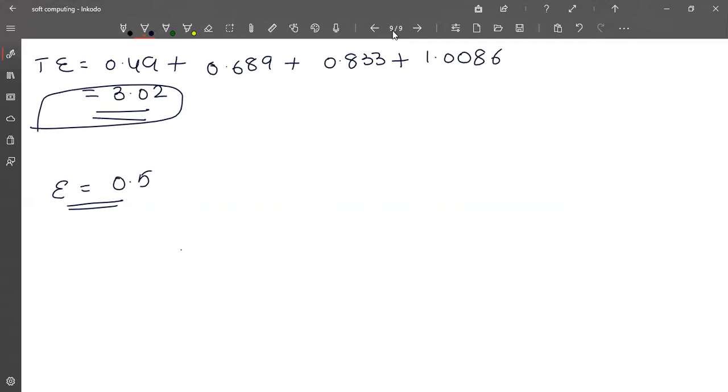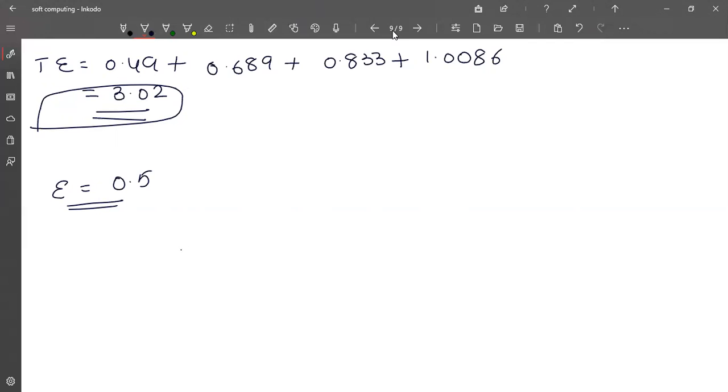If we get the error value close to the initial assumed error value, then at that particular moment we can stop performing this ADALINE network. Okay. So in my first epoch, I got 3.02. If I perform further epochs, it will get reduced. So if at some particular epoch I get 0.49 or 0.45, at that time I will stop. This is the stopping condition for the ADALINE network.